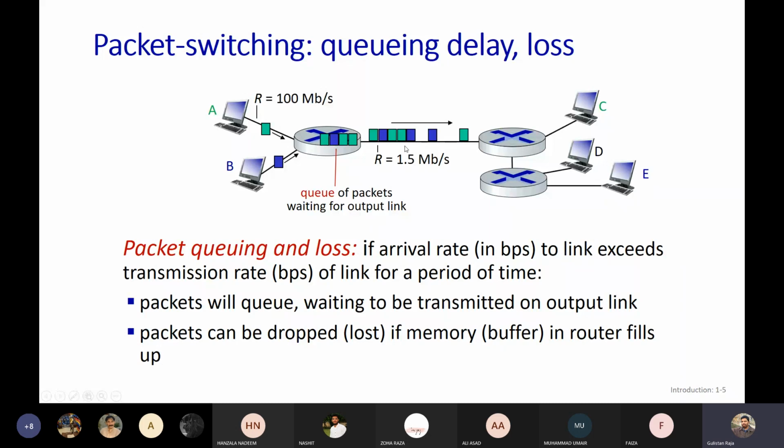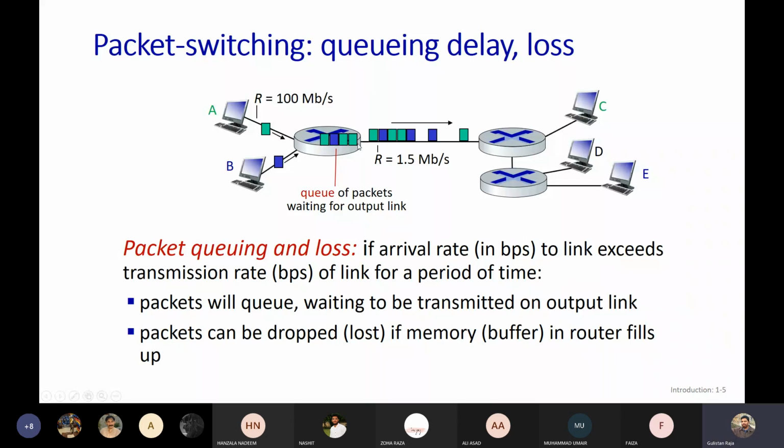For instance, R is 100 Mbps here and R is 1.5 Mbps here, right? This is R for the transmission rate, transmitted to the right side, and the left side is the arrival rate.